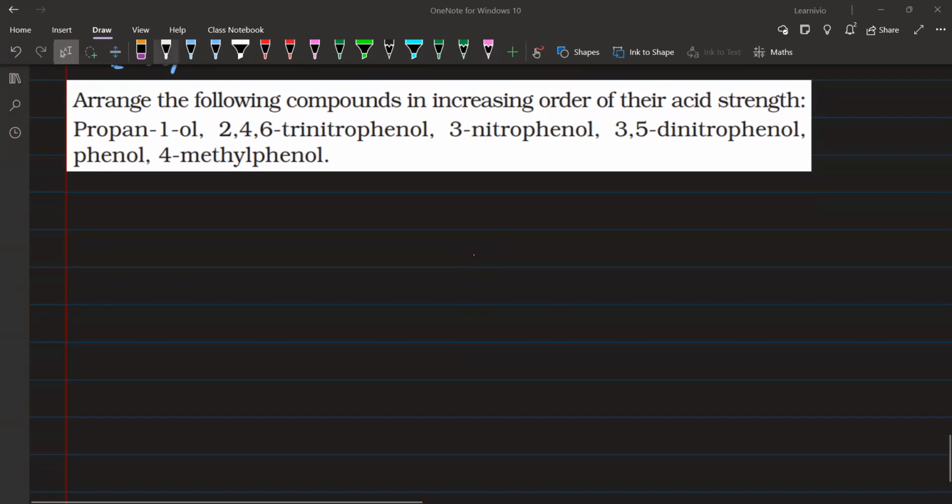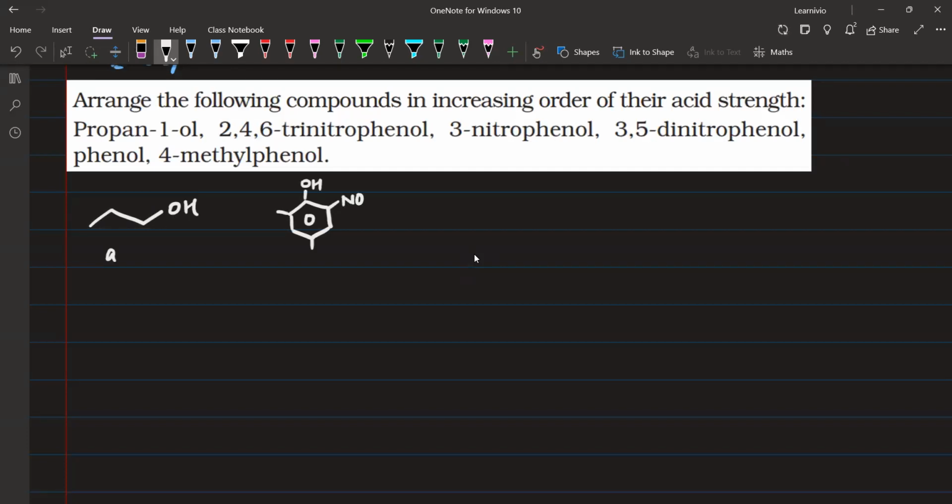So propan-1-ol will be something like 3 carbon atoms and OH. We will call this A. Then we have 2,4,6-trinitrophenol. So it will be benzene ring and OH, with nitro groups on the second, fourth and sixth positions.